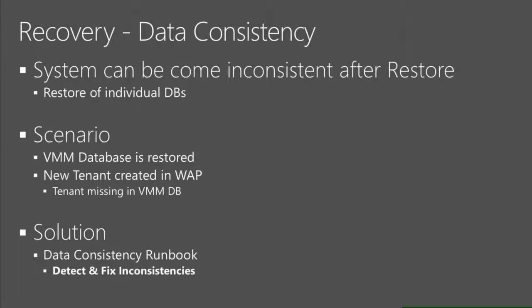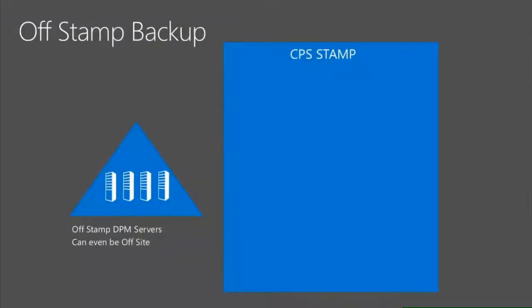Windows Azure Pack is still up and running. You can still have tenants coming in, signing up for a service. So that user gets created in the Windows Azure Pack database, but the user is not synced through SPF into VMM. So when you restore that VMM database, that user is not there. That means there is an inconsistency. And you have that challenge all the time when you have multiple databases and how they're getting restored.